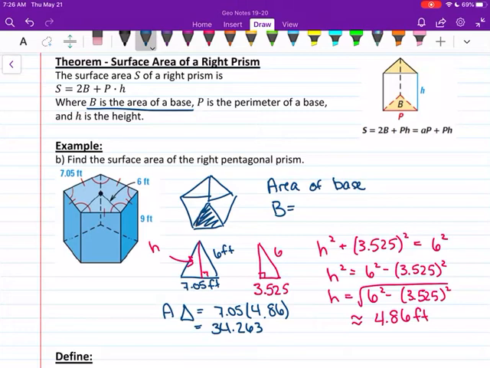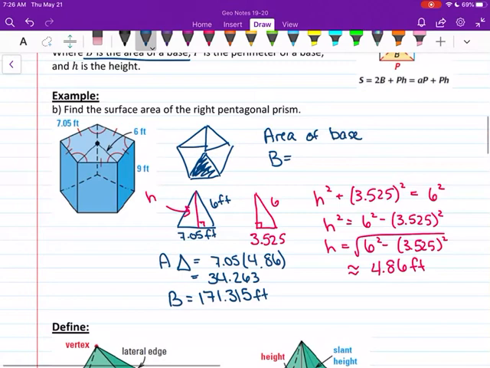Okay, so that's just one of the triangles. And then I want to multiply it by 5. So the area of my base is going to be times 5, and I get 171.315 square feet. All right, so now we have the base for my formula. And we need the perimeter of the bottom. Okay, that's not going to be too hard.